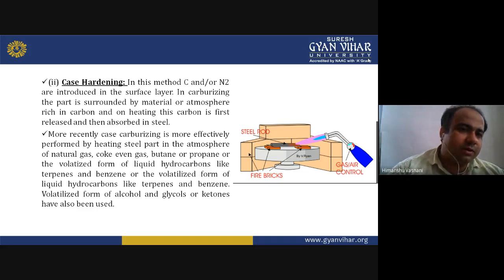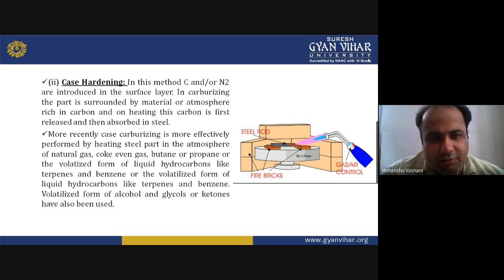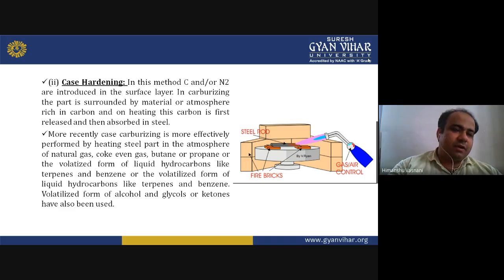In carburizing, the workpiece is surrounded by material or atmosphere rich in carbon, and on heating, this carbon is first released and then absorbed in steel.